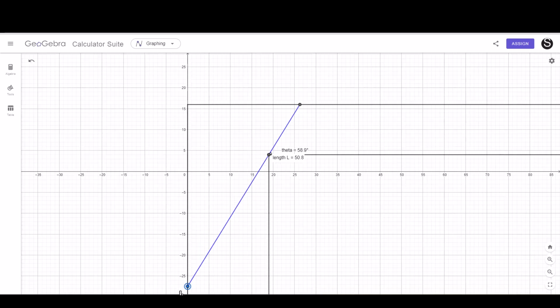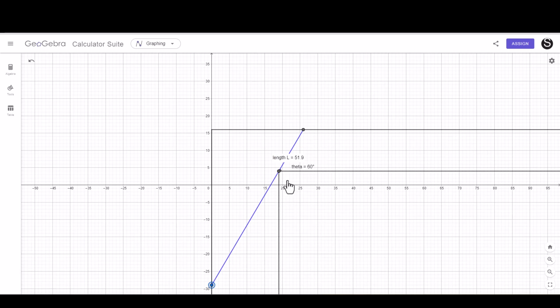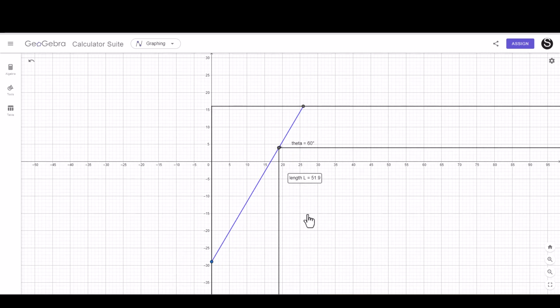At an angle of 60 degrees with a length of 51.9, I know that as I try to pivot around that corner, the lengths of that segment are going to be smaller, and a length of 51.9 wouldn't fit.